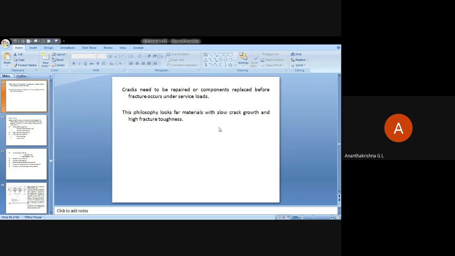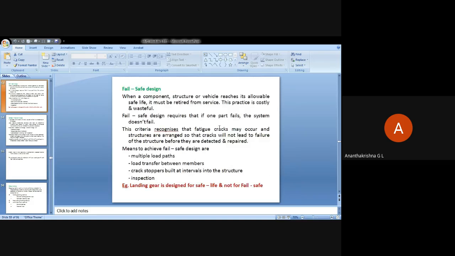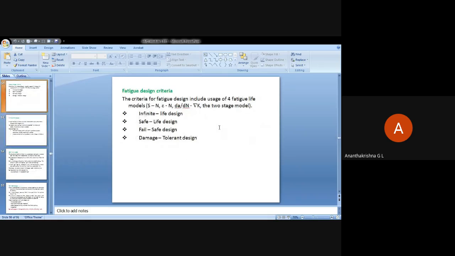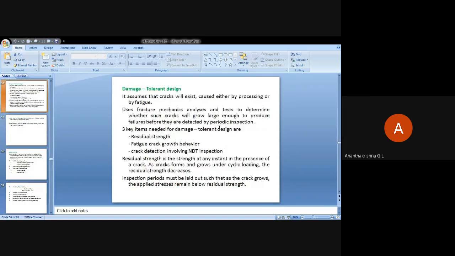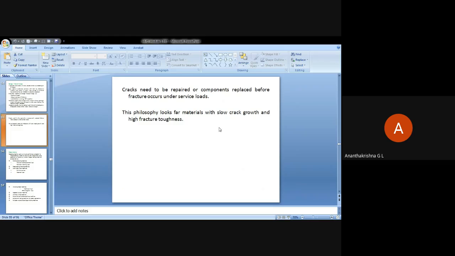Okay, did you finish with this? Yes, sir. Finished damage tolerant design?